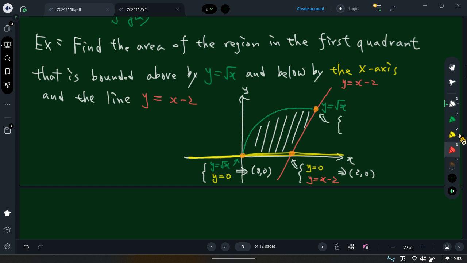Of course, for this point, it will be based on y is equal to square root of x and y is equal to x minus 2.